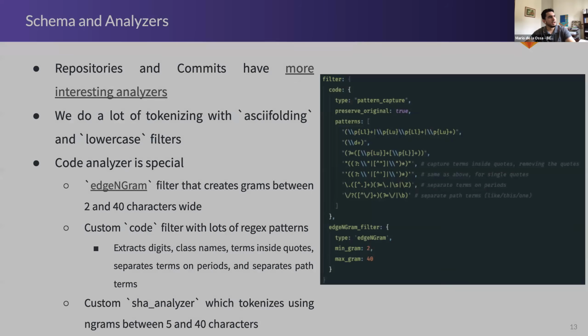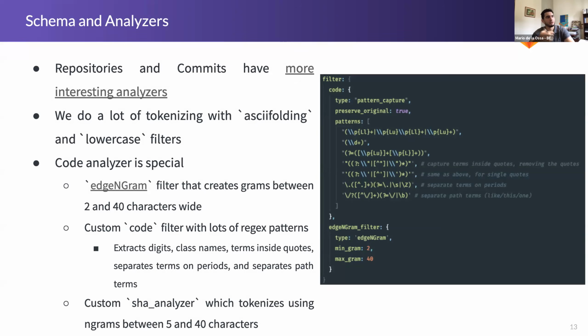We also have way more interesting analyzers for repositories and commits. We do a ton of tokenizing with ASCII folding and lowercase filters. ASCII folding basically turns every UTF-8 character that could be ASCII into ASCII, and lowercase just makes everything lowercase. We do have a special filter called the code analyzer. It uses an edge n-gram filter that creates grams between 2 and 40 characters wide.